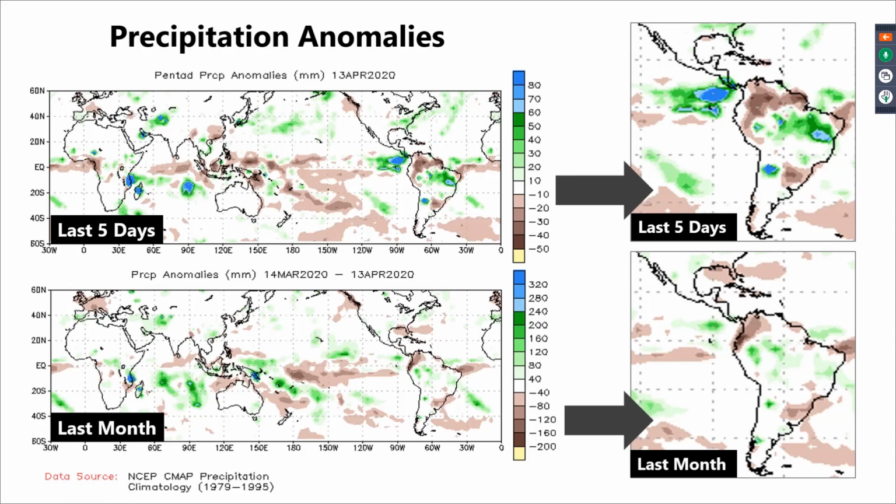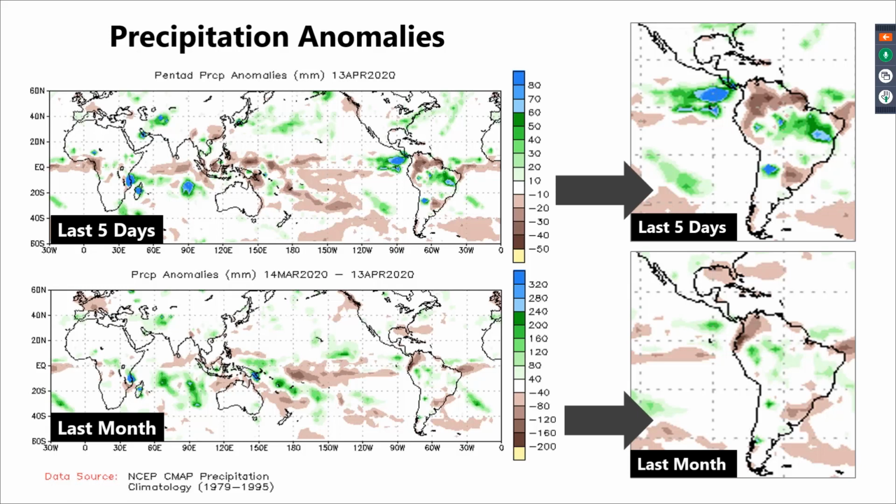Now, looking at the precipitation anomalies, first on the left you have the CMAP precipitation, last month on the bottom and last 5 days on the top. And you can see that during the last 5 days, you can see the above normal precipitation off the coast of Costa Rica. You can also see a signal of above average over Costa Rica, not too significant, but yeah, it's been rainy for this time of the year there, thanks to the westerlies and the MJO.